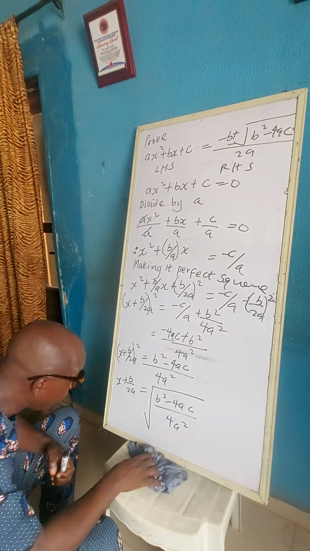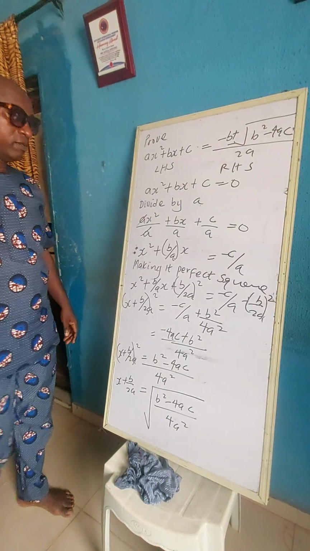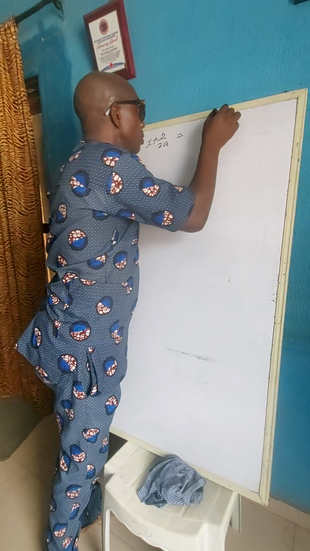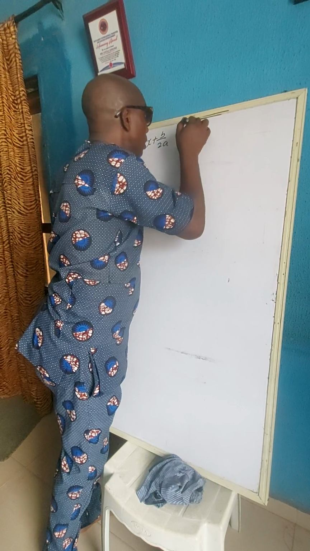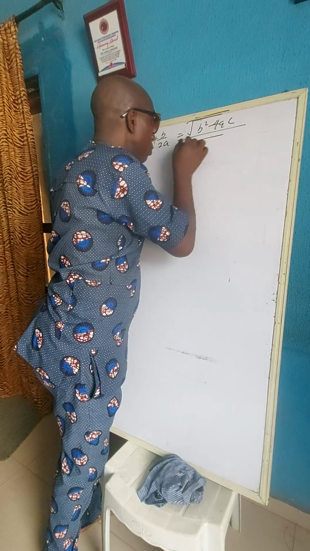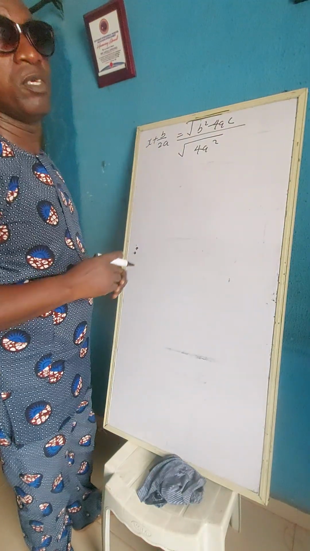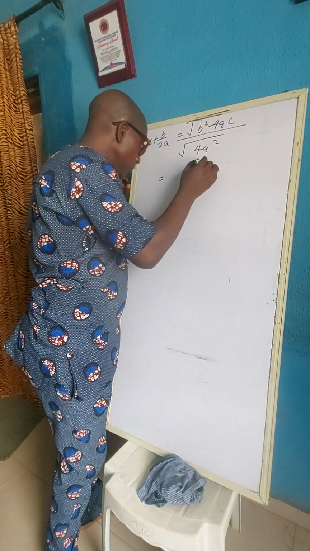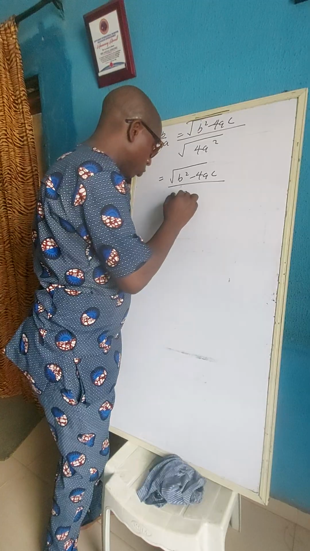We continue from the upper side, just look at it very well. x plus b over 2a equal to the square root of b squared minus 4ac over square root of 4a squared. The square root goes to the numerator and the denominator. It becomes square root b squared minus 4ac over 2a.